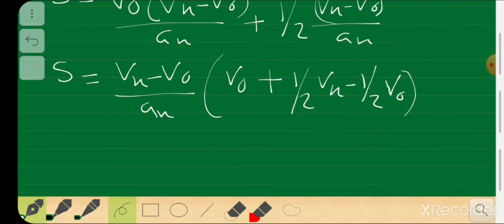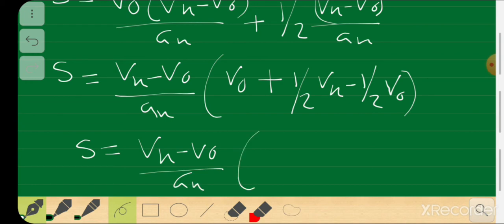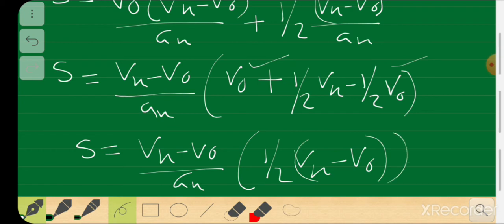Now I can write s must be equal to (vx minus v0) by ax. v0 and half of v0 will cancel out, so you get half of vx minus v0, right? Okay, that's what you get.